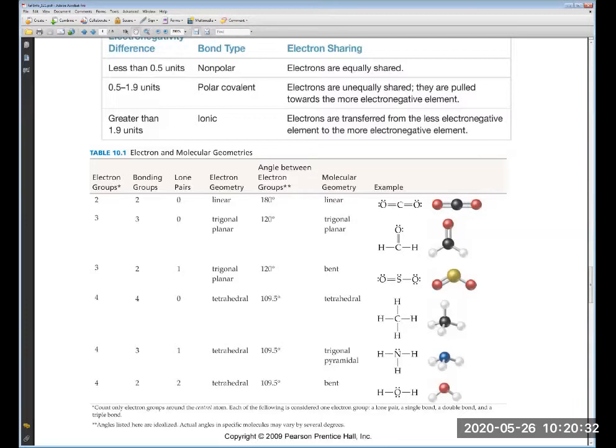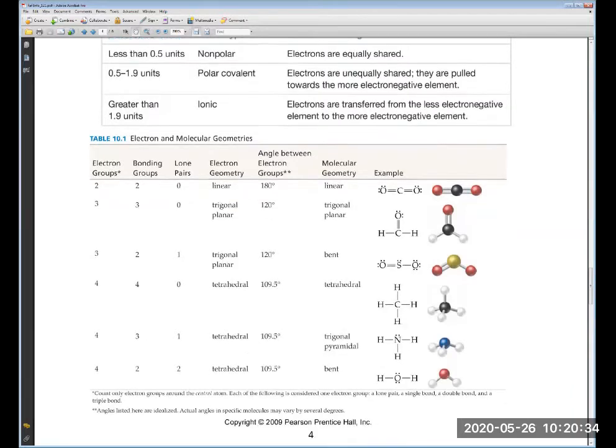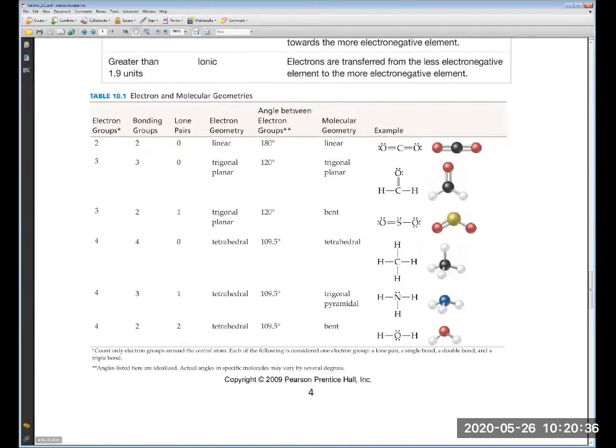So it starts by counting the number of electron groups. And if you look at the little sentence at the bottom of the table, it says, count only electron groups around the central atom, right? You need to focus on the central atom. And each of the following is considered one electron group. One lone pair is an electron group, a single bond, a double bond, and a triple bond.